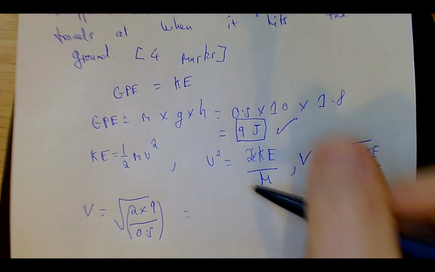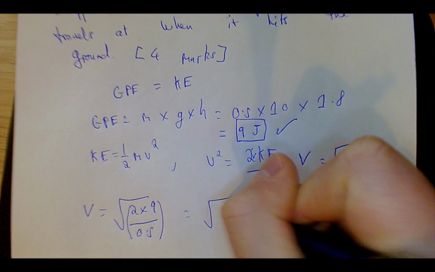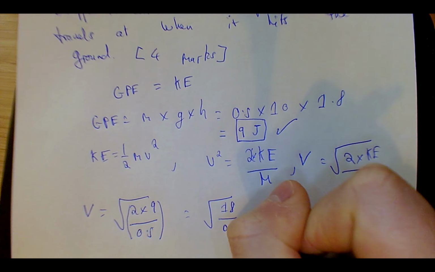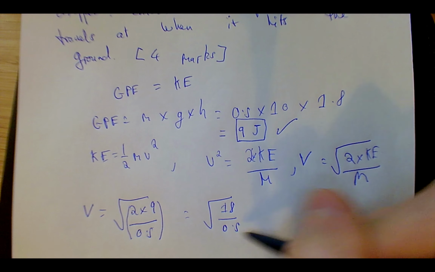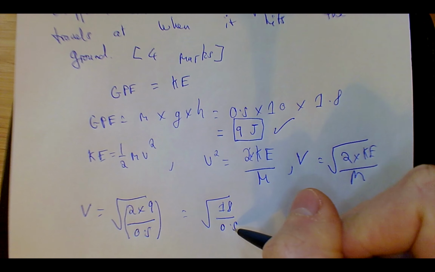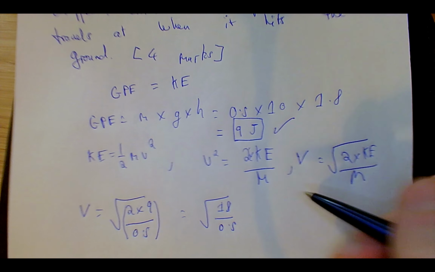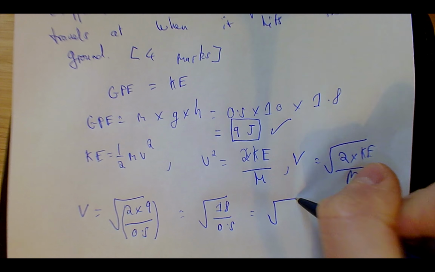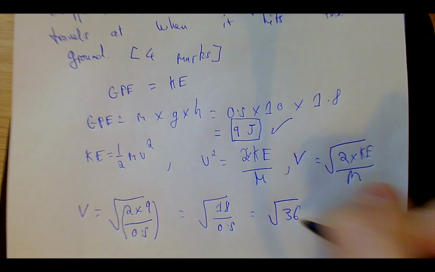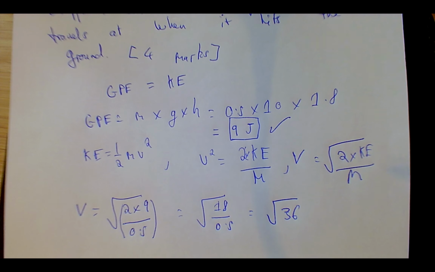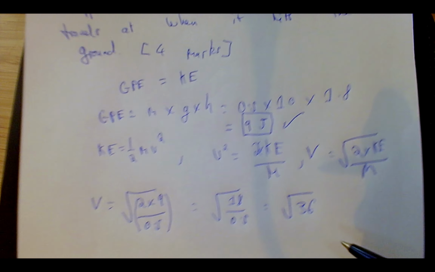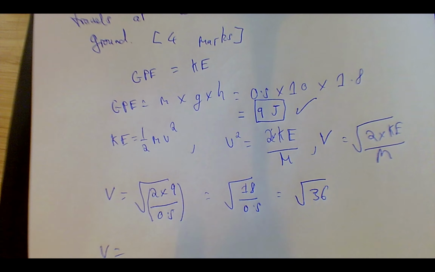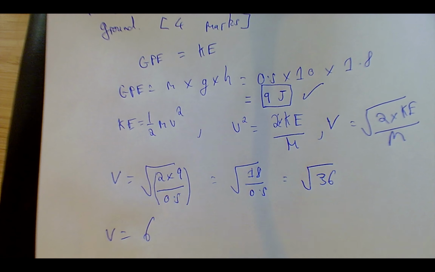That is the same as the square root of 18 divided by a half. How many halves in 18? You can type that into your calculator, but dividing by a half is the same as timesing by 2. So v equals the square root of 36. I know my times tables. Our velocity is therefore 6 meters per second.